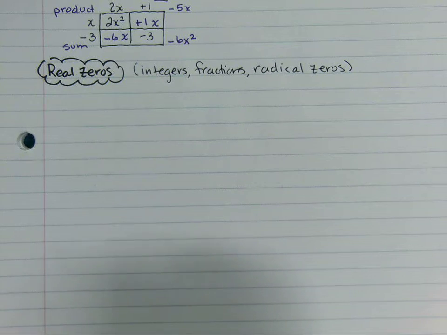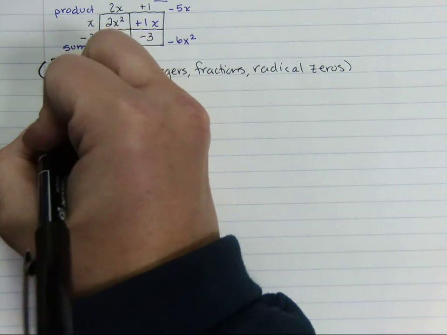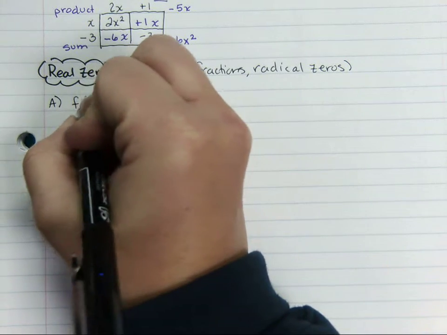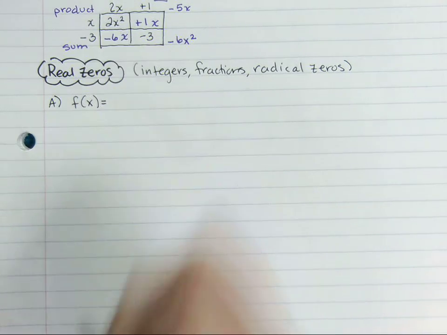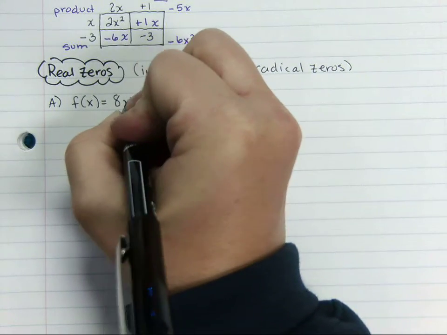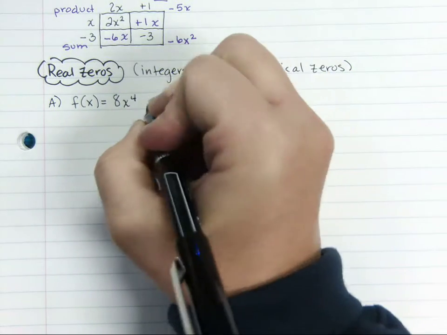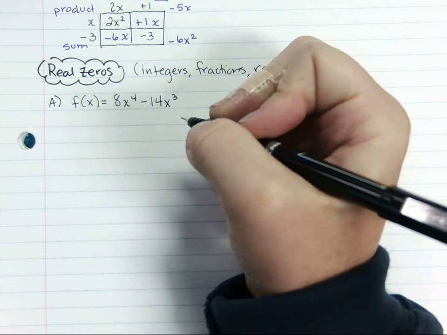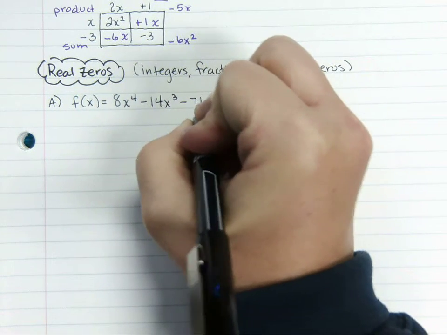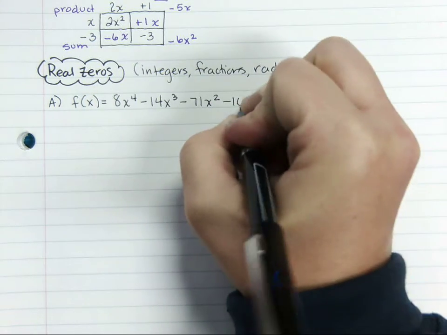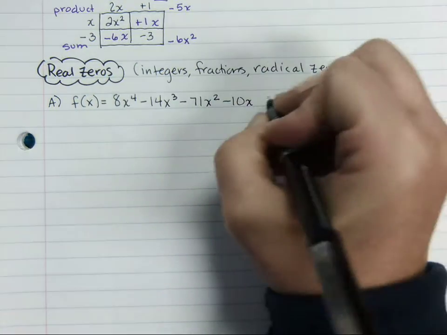So let me show you one of our examples. And so the function, we have f of x: 8x to the fourth minus 14x cubed minus 71x squared minus 10x plus 24.